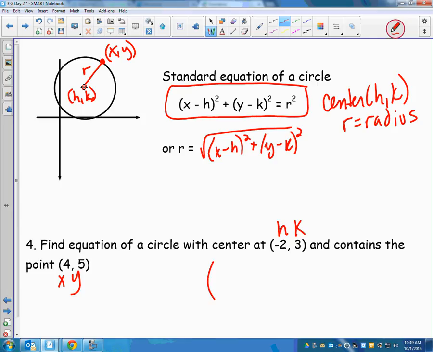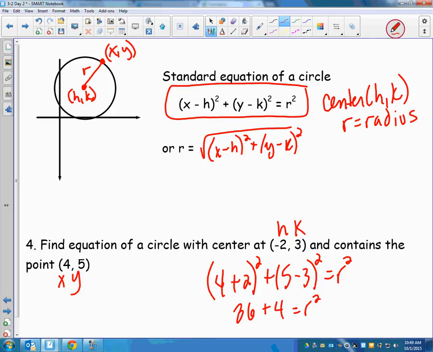So I'm going to say 4 minus -2 squared plus 5 minus 3 squared equals r squared. So 6 squared is 36, plus 2 squared is 4, so r squared equals 40.